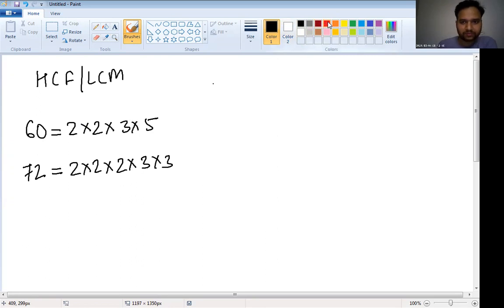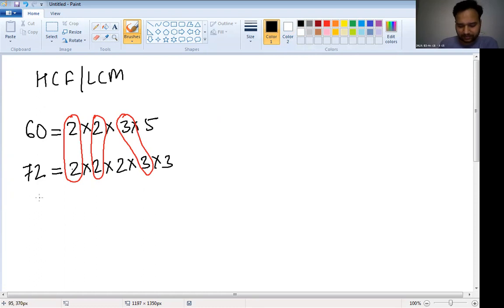So this was the first step that we used to do for calculating the HCF and LCM. The next step was, we used to take the common part and circle them simply. So this was 2, 2 and 3, right? Now you remember what this red part, the common part, was called?